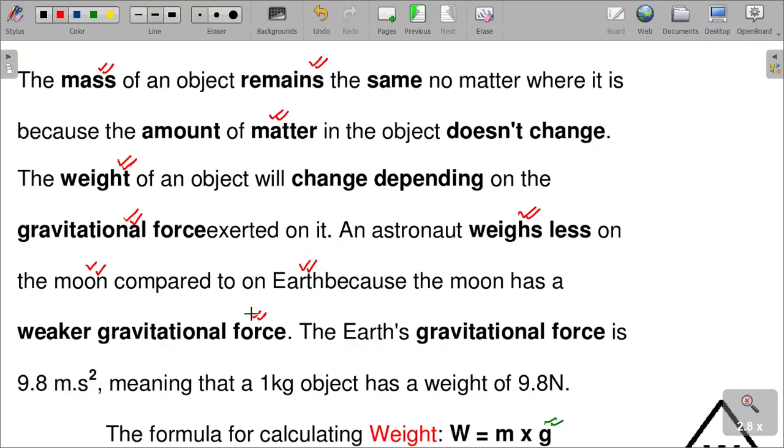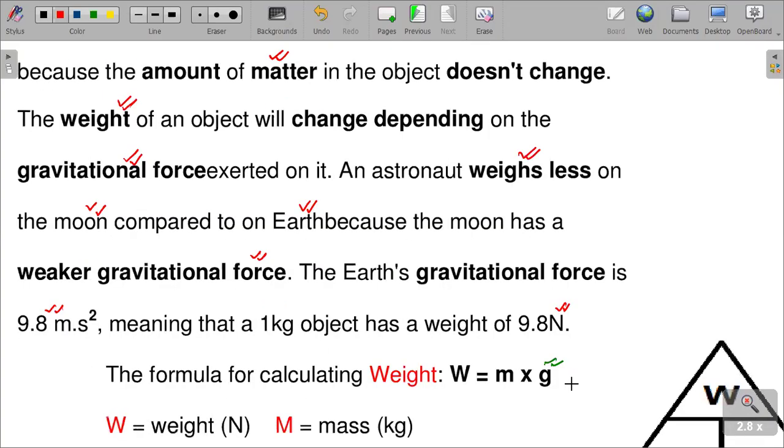The Earth's gravitational force is 9.8 meters per square second, meaning that a 1 kg object has a weight of 9.8 newtons.